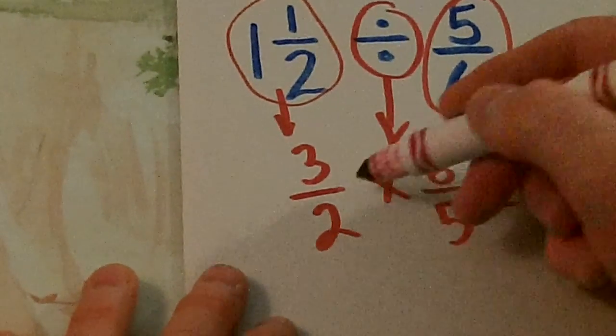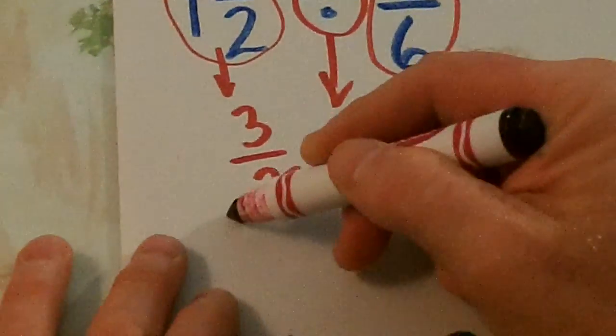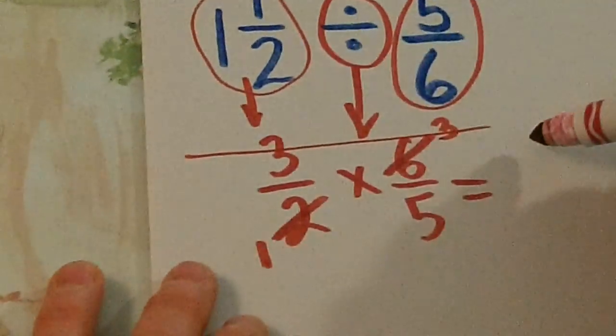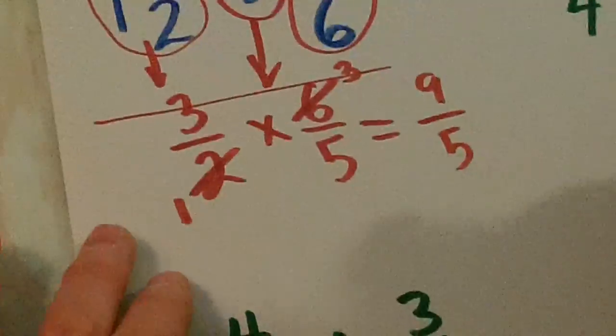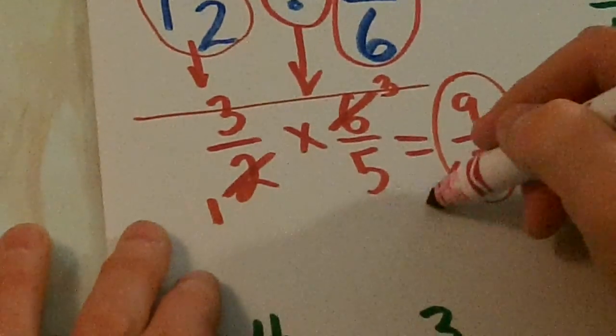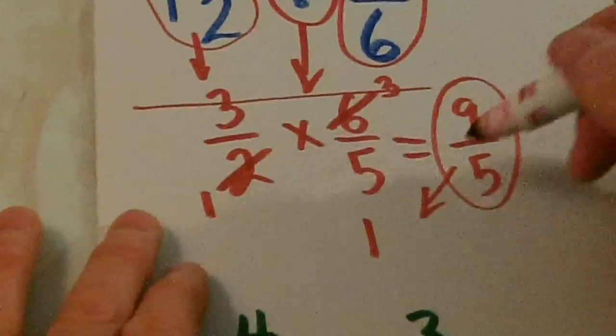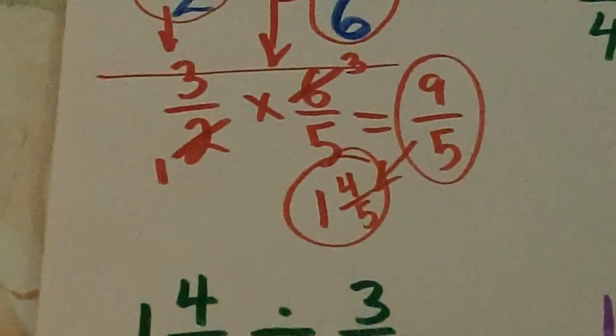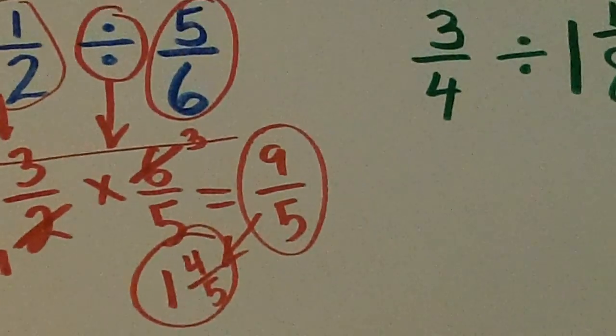Now, we can go ahead and do 2 goes into 2, 1, 2 goes into 6, 3 times. We go across, we get 9 over 5. We can leave it like this, or we can convert it to 1 4/5. Either one of those answers would be okay on a Common Core test.